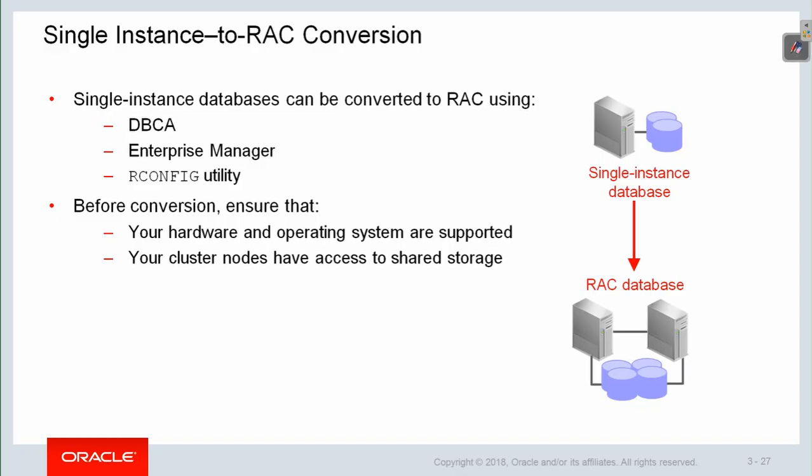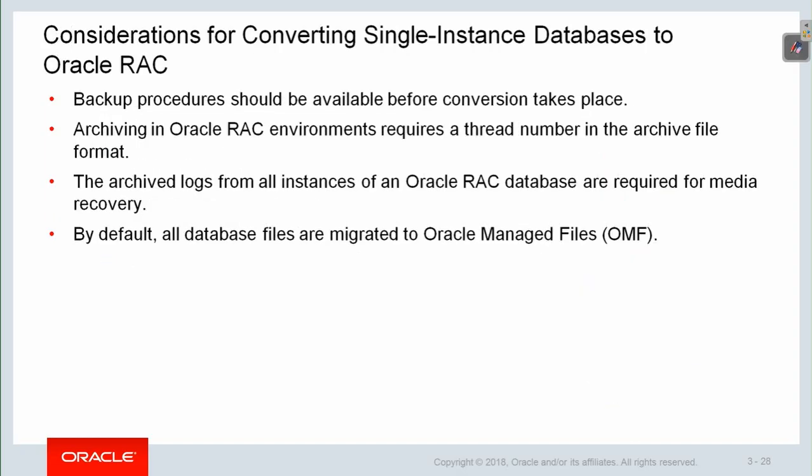Okay? So before you convert single instance database to Oracle RAC database, you should have your own backup of your database just to support in case where conversion fails. So you can actually restore your backup in the emergency case.